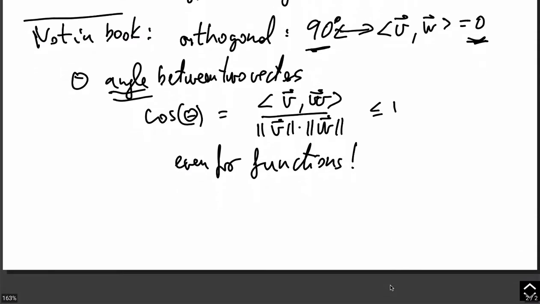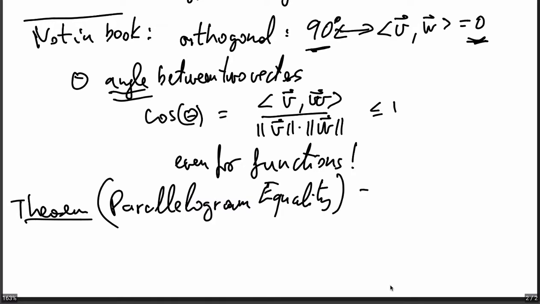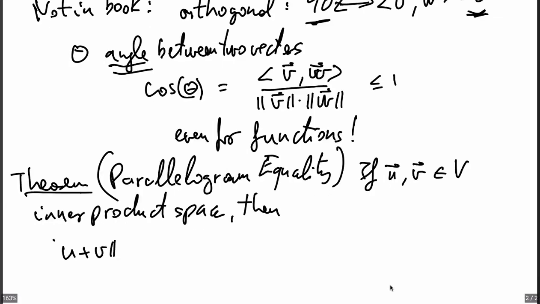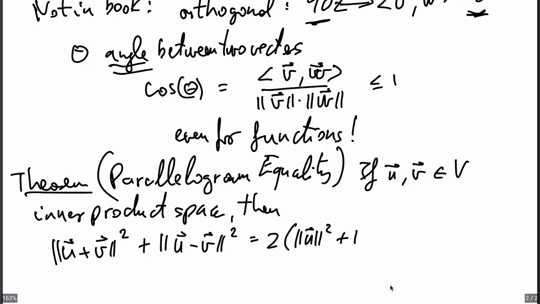So there are several more topics in this section. The next theorem is the parallelogram equality. It says that if we have two vectors u and v in an inner product space, then the norm of u plus v squared plus the norm of u minus v squared equals twice the norm of u squared plus the norm of v squared.